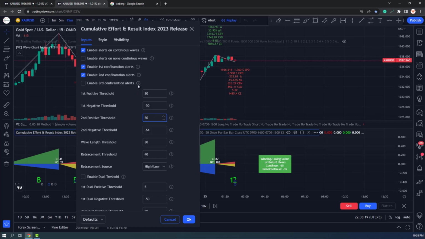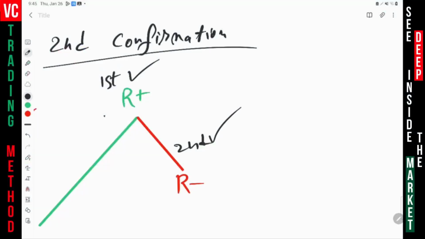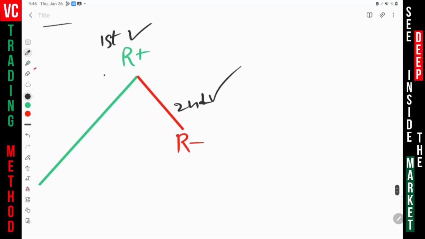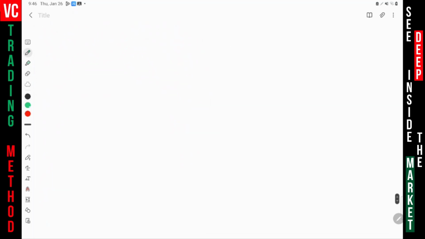What is the meaning of the third threshold? The third threshold belongs to the retracement. So the third threshold will only be fulfilled after the first and second threshold. For example, there is an up wave here.